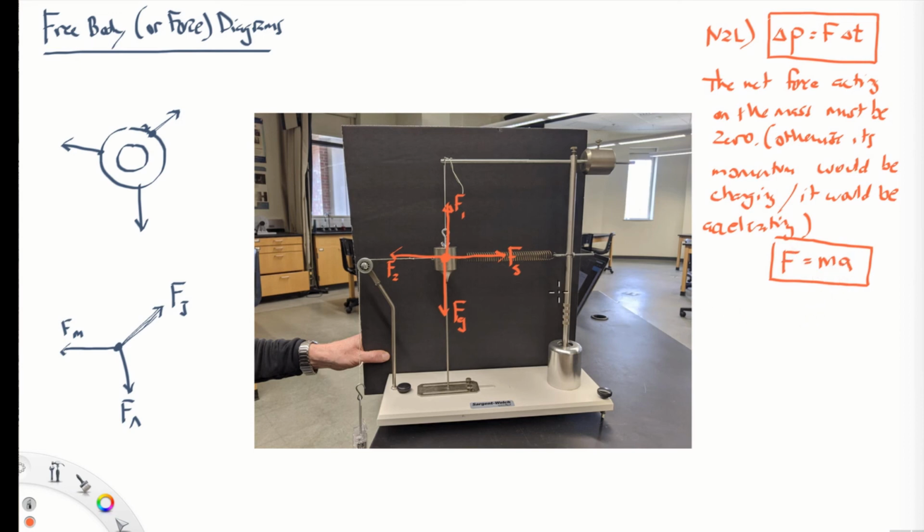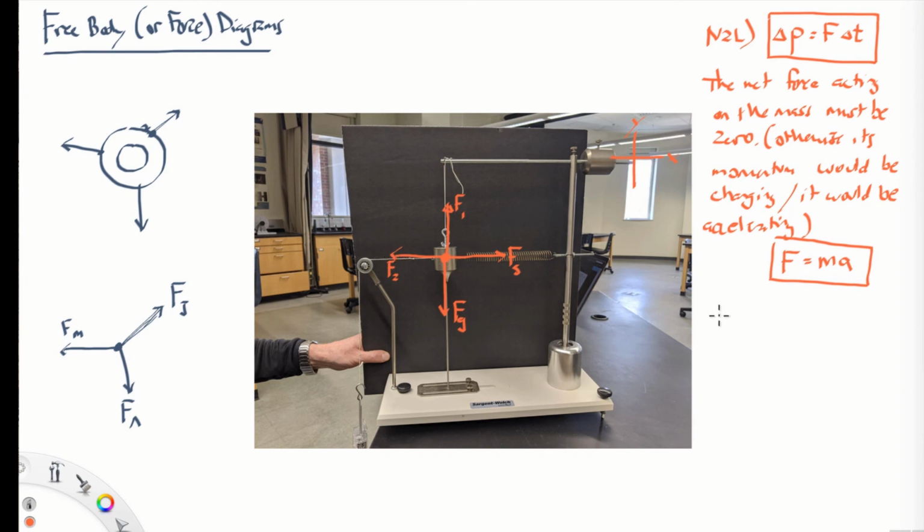So what does that tell us specifically about these forces? We have these four forces on it, and two of them are horizontal, in the x direction. If I draw an x and y axis like this, here's x, here's y, the forces acting in the x direction must exactly balance each other. So the spring force must be balancing force 2.